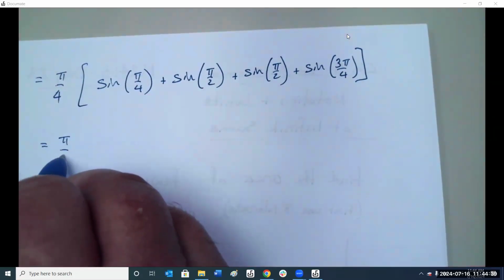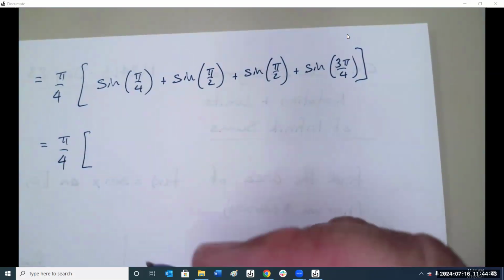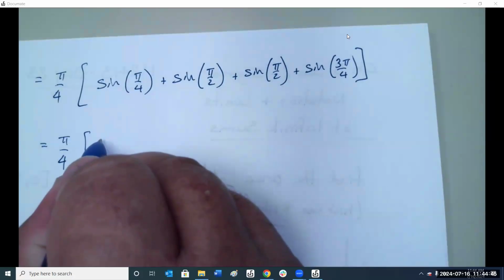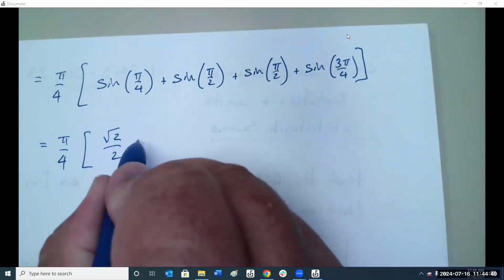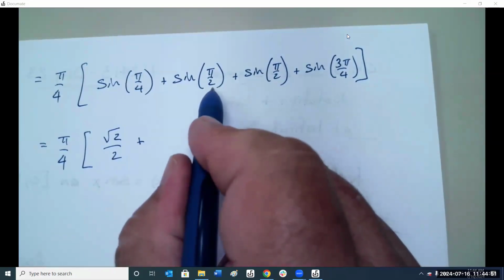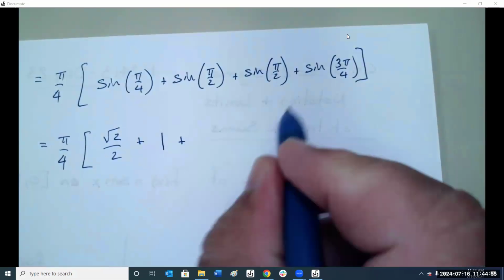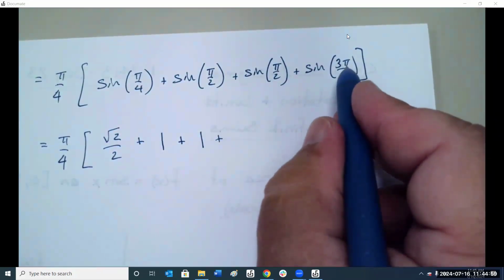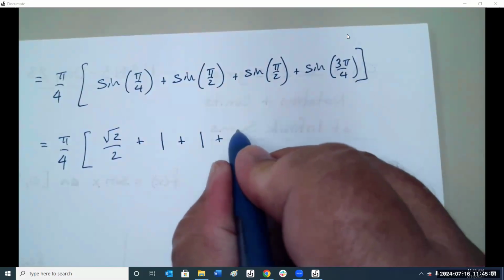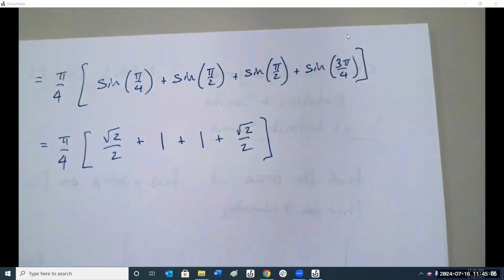So we have pi over 4. Sine of pi over 4 is square root of 2 over 2. Sine of pi over 2 is 1. Sine of pi over 2 is 1. Sine of 3 pi over 4 is square root of 2 over 2. It's in the second quadrant.